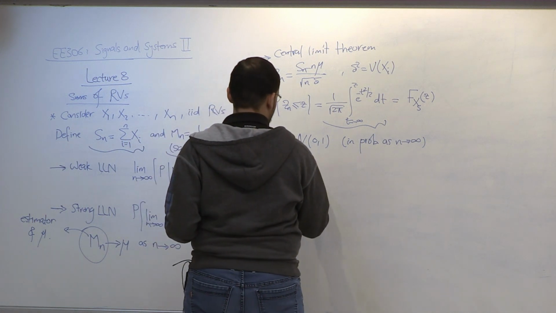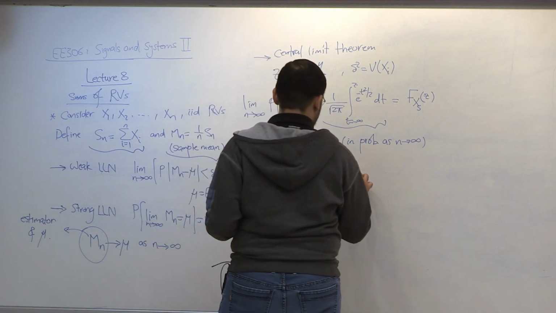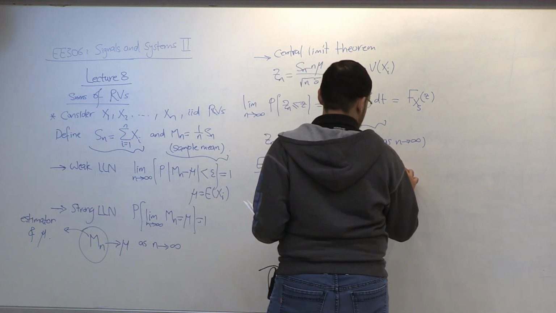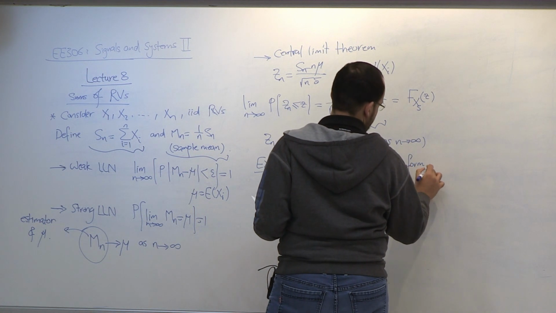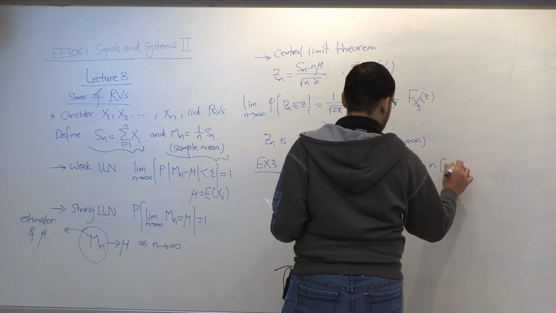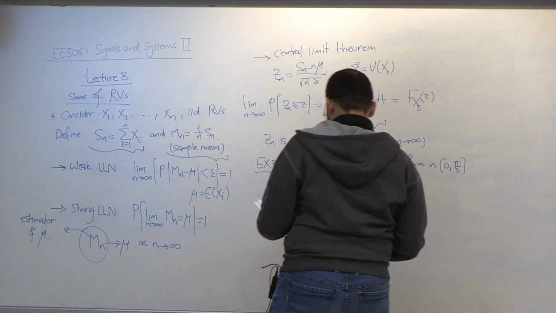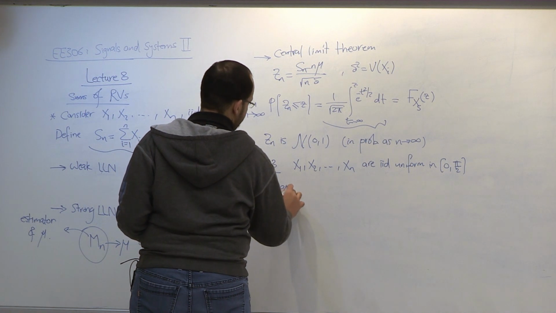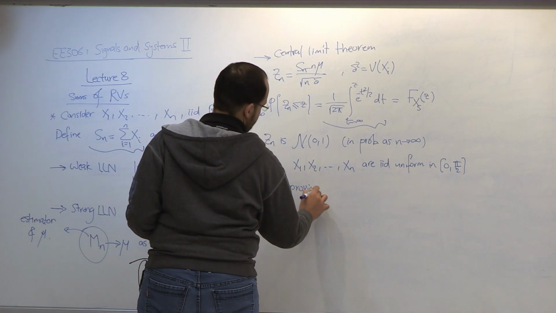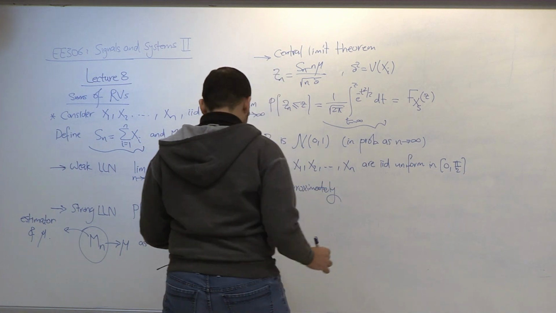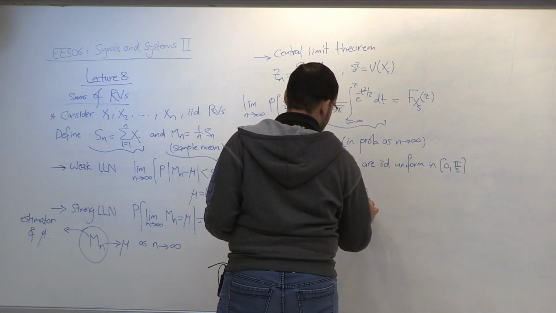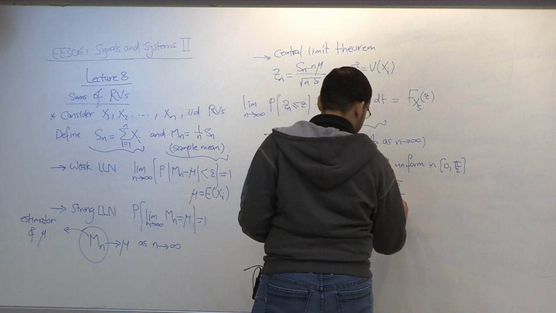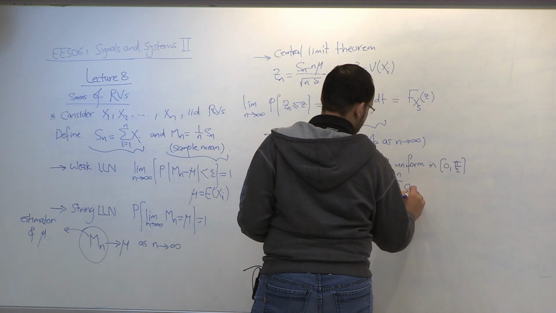So we have x1, x2, up to xn, which are IID uniform in the interval 0 to pi over 2. And we want to find approximately the limit as n goes to infinity of 1 over n summation from i equals 1 to n of cosine xi.